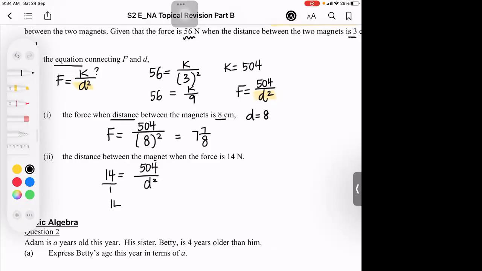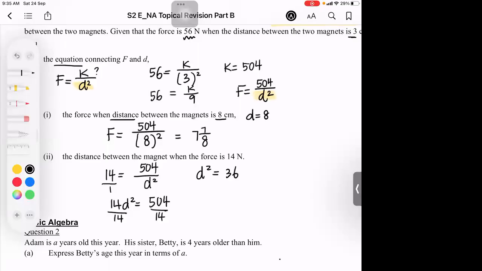So I got 14D squared equals 504. How do I get rid of 14 first? Anyone? Yes, divide by 14. So D squared will be 504 divided by 14. You get the number 36. Then you take square root.